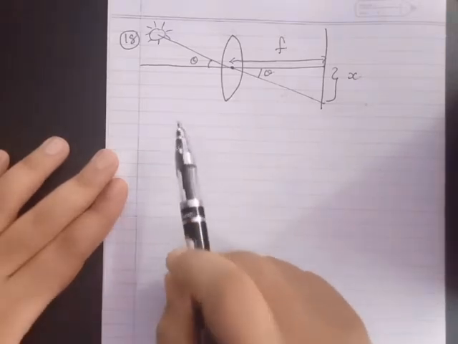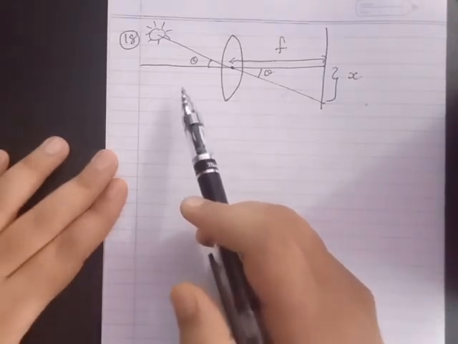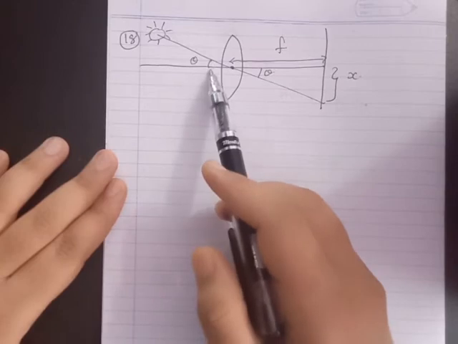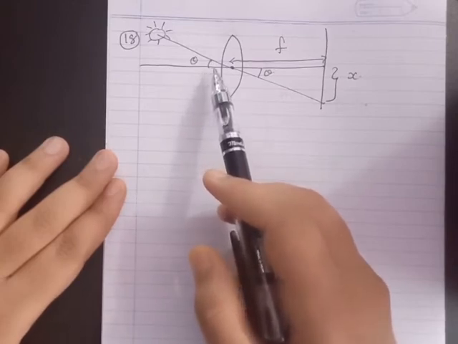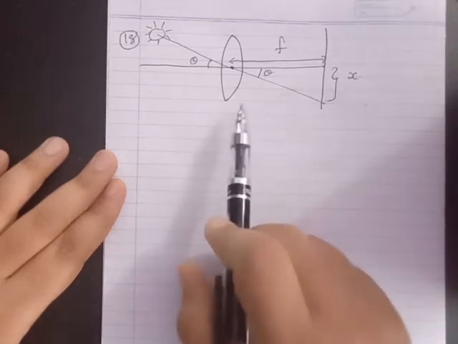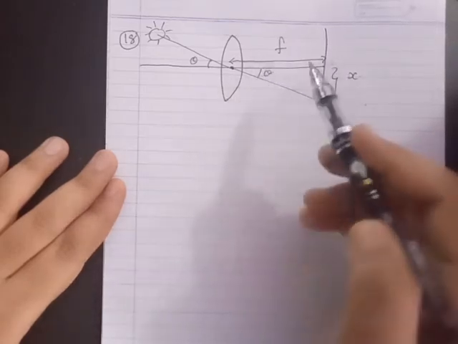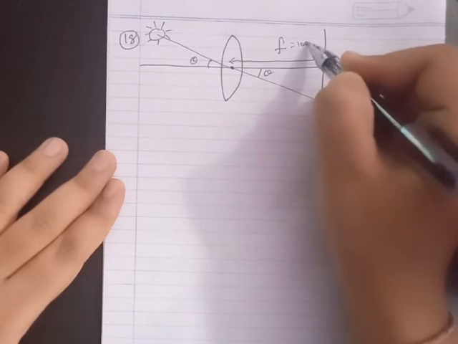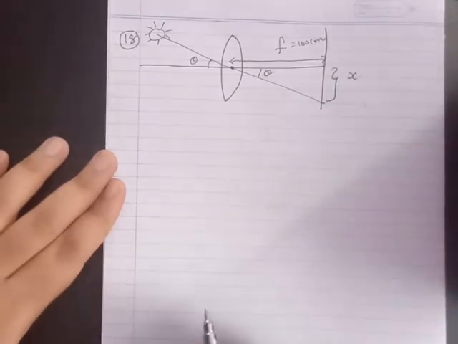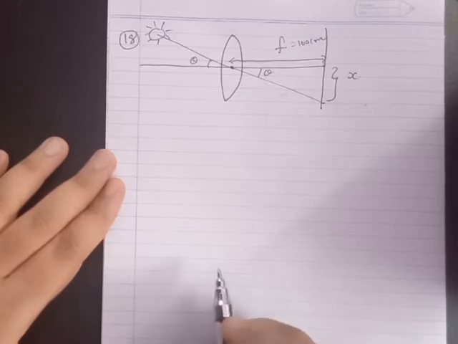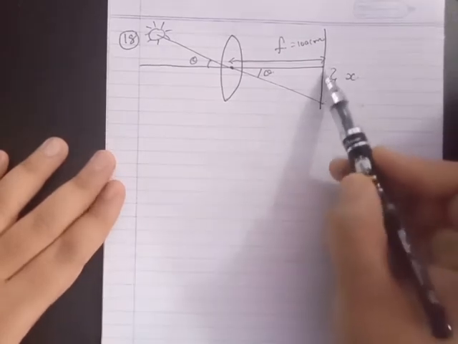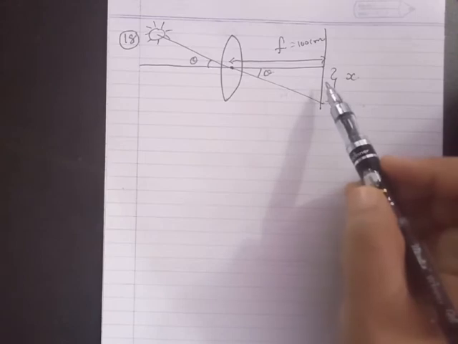In question number 18, the sun subtends an angle of 1 by 2 degree on the earth. The image of sun is obtained on the screen with the help of a convex lens of focal length 100 centimeter. We want to find the diameter of the image obtained on the screen, that is x.